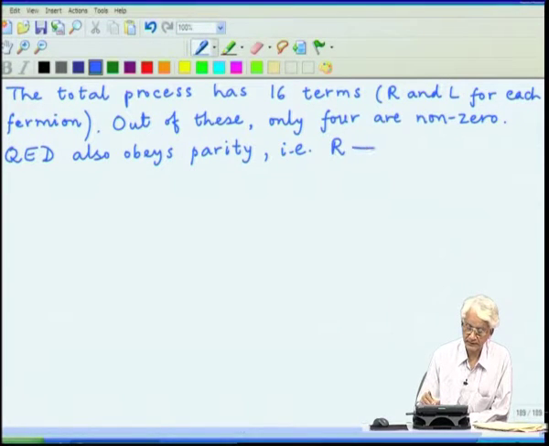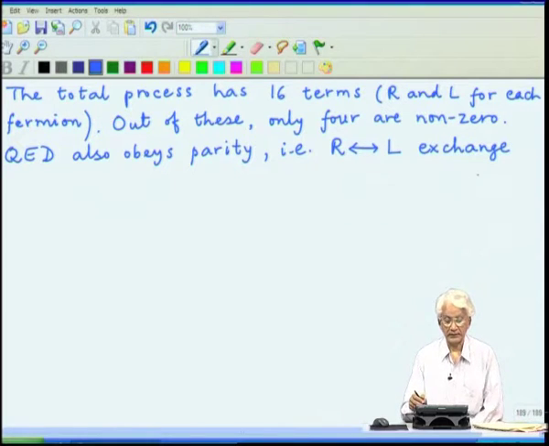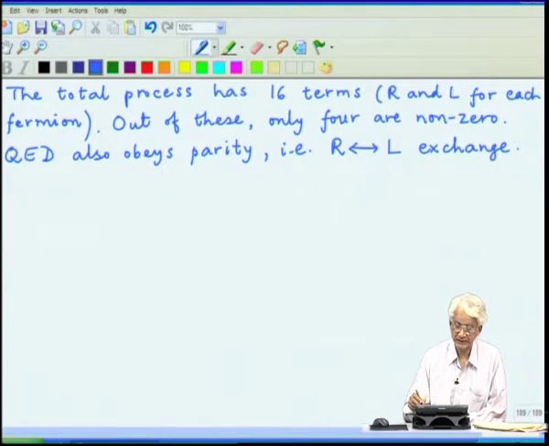Which, in terms of the helicity, means the processes where R and L are interchanged will be related, rather they will be exactly the same terms which will appear twice.